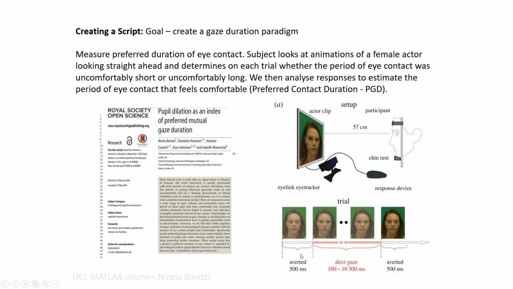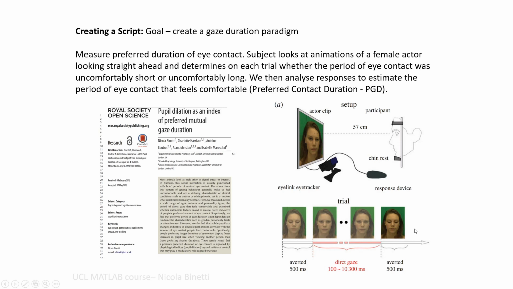So we have to be able to control this to make sure that this stimulus appears at the beginning of the trial for 500 milliseconds. We're going to have this other stimulus, which is just looking upwards, for a variable amount of time after this interval has elapsed. All right? And we're going to finish it off with, again, the downward gazing stimulus at the end of this variable interval here.